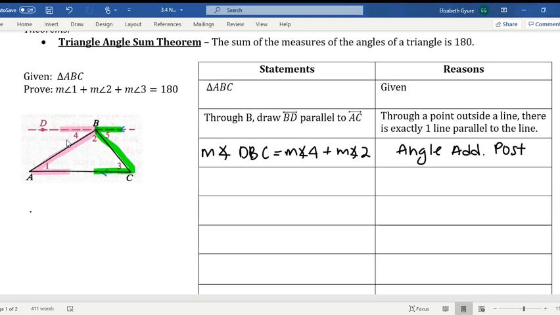So the next thing I'm going to do is say that the measure of angle DBC plus angle 5 equals 180, because that's what's forming my straight angle up there. So the measure of angle DBC plus the measure of angle 5 equals 180. That's that second part of our angle addition postulate that lets you say if you see a straight angle, you can add it up to 180. So that's also the angle addition postulate.